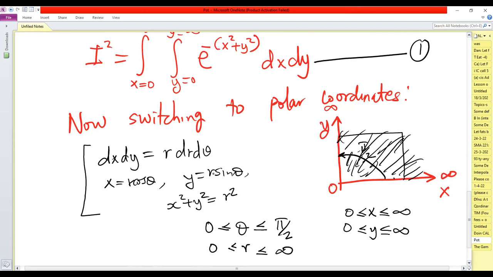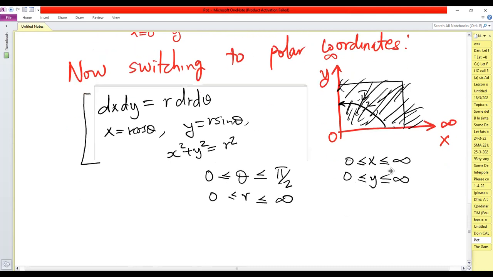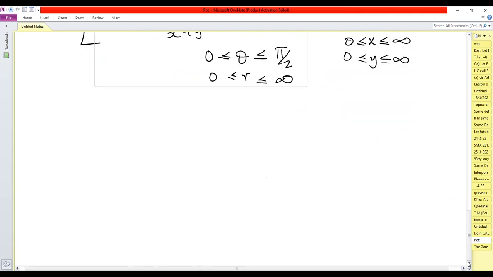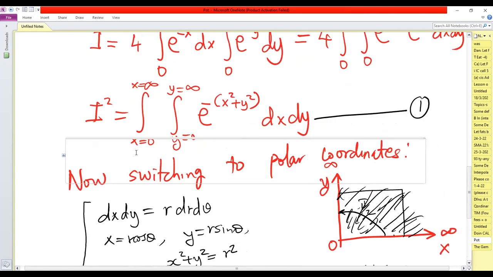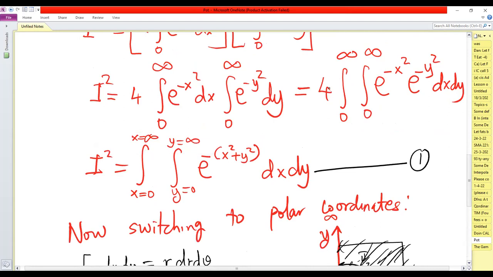So using these values in polar coordinates, we rewrite the first equation as I squared is given by 4. Remember we had this factor of 4.